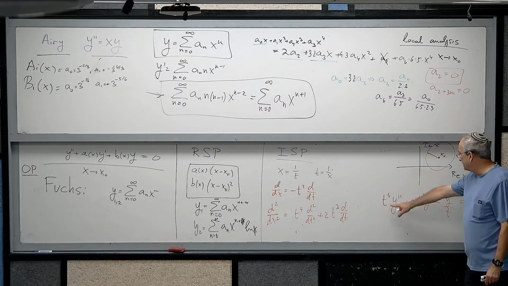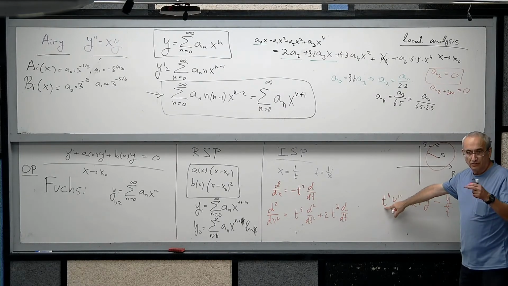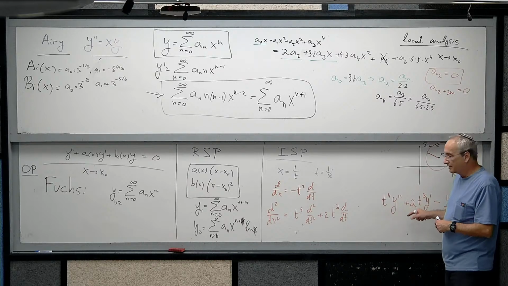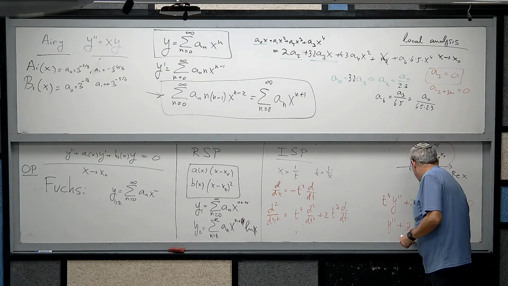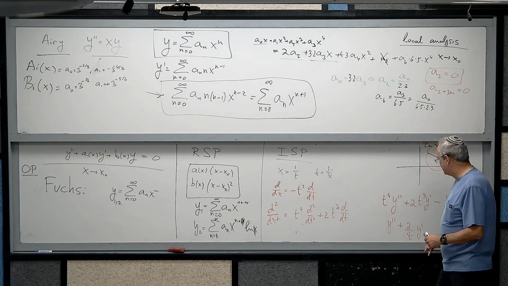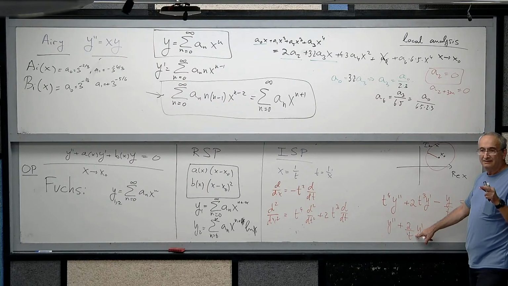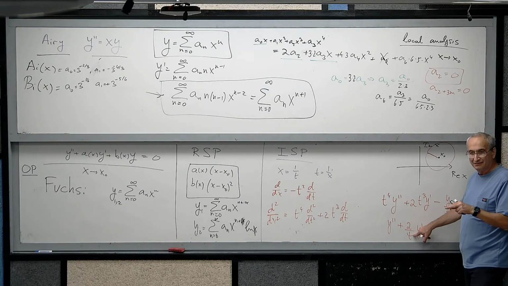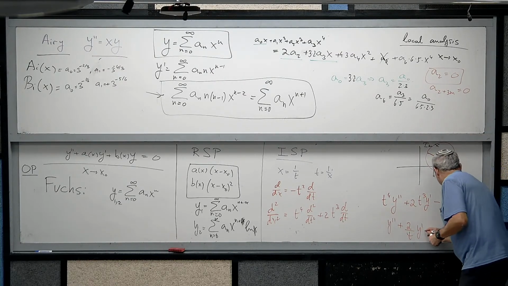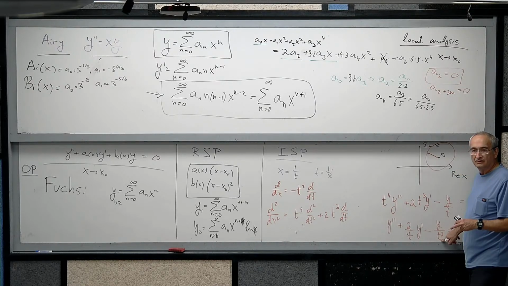And if I divide everything by t to the 4, in order to have 1 in the coefficient of the highest derivative, I will have y double prime plus 2 over t y prime. This by itself will be at t equals 0 an irregular singular point, because it diverges, but if I multiply it by t, it does not diverge. And I have another term, minus 1 over t to the 5 equals 0, and there is no q to this term.